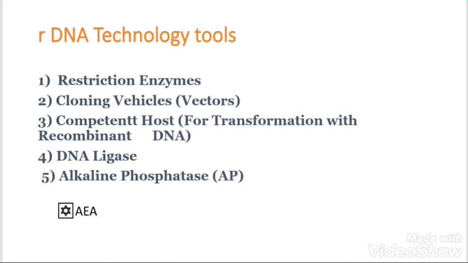So the first one is restriction enzymes, second is cloning vehicles or vectors, third is competent host, fourth is DNA ligase, and fifth is alkaline phosphatase. These are the important tools used in rDNA technology.